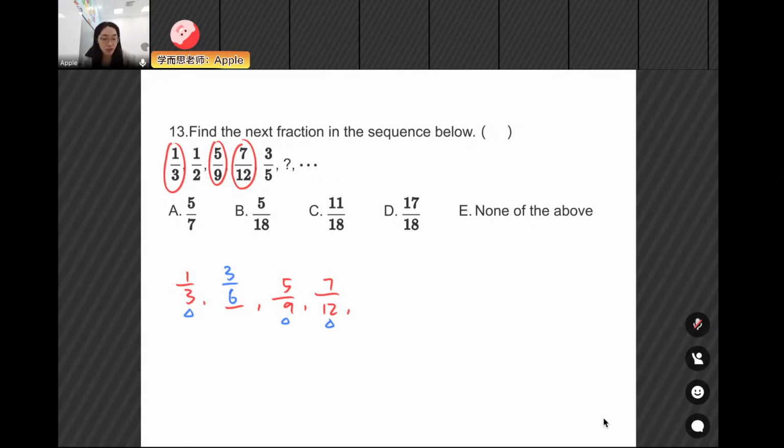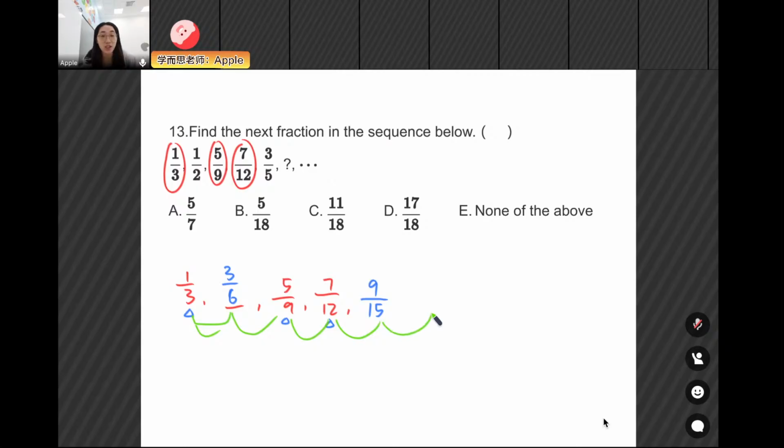Okay, now let's double check. So following this, the next multiple of 3 should be 15. And then let's have a look. Can we turn 3 over 5 into something over 15? Yes, that is 9. So following this, I think now you can try to find the pattern. Well, all the denominators here are multiples of 3, right?